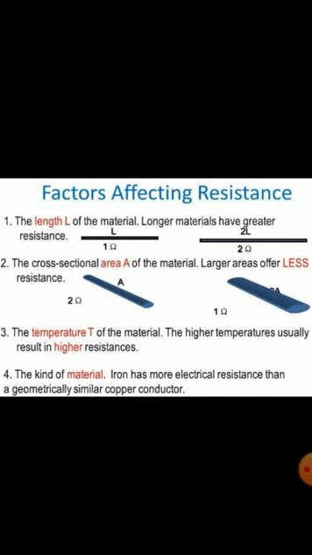So we can say here that when the area of cross section is increasing, resistance is decreasing. So are they directly proportional or inversely proportional? Yes, resistance is inversely proportional to the area of cross section of the conductor.